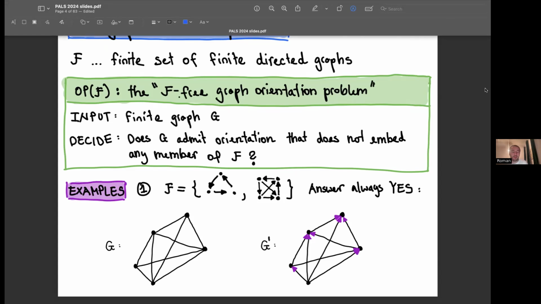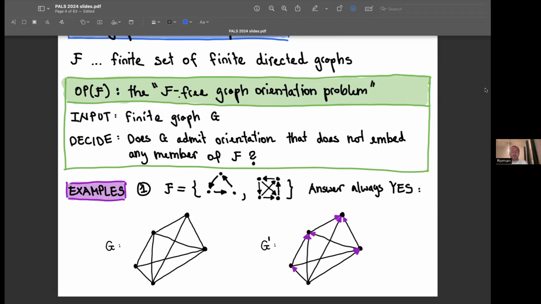Why? Well, if we're given a finite graph G, we just orient the edges of this graph along a linear order. In my picture, I imagine that the linear order goes from bottom to top. And then I orient the edges such that every edge is increasing, so it always points to the vertex which is larger.